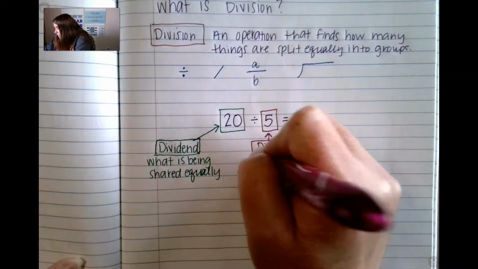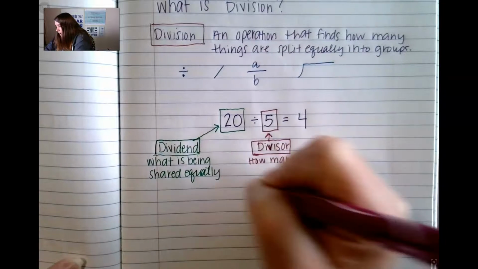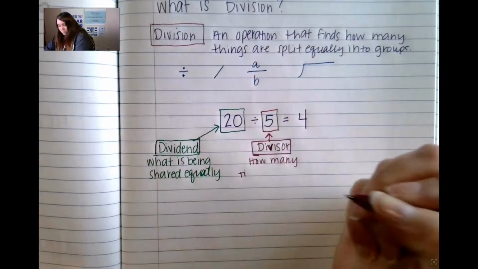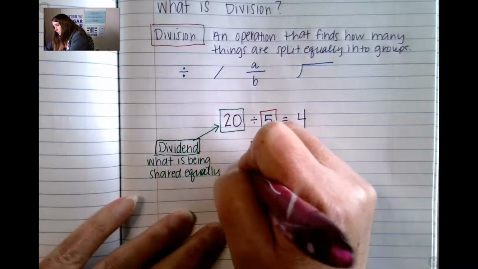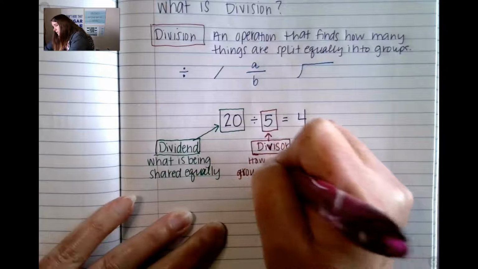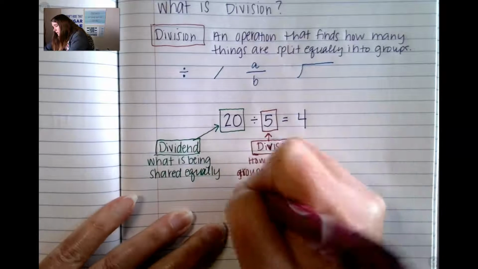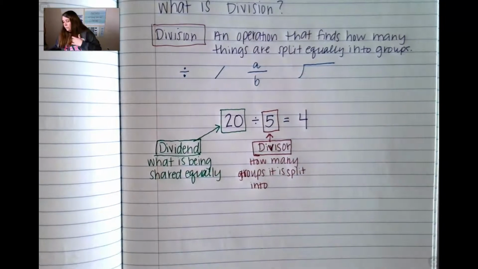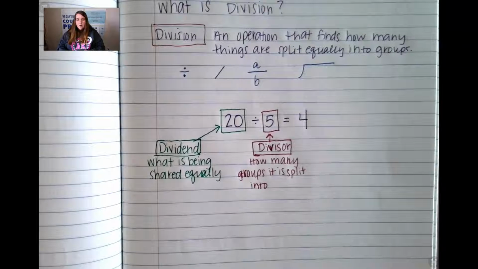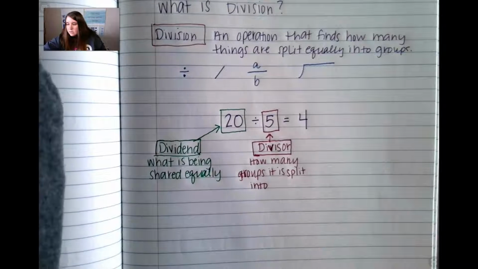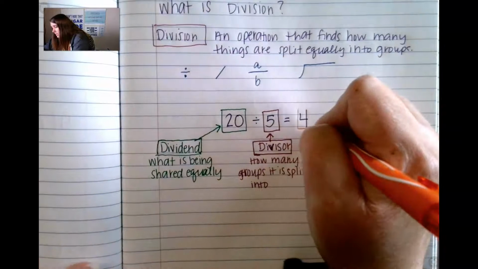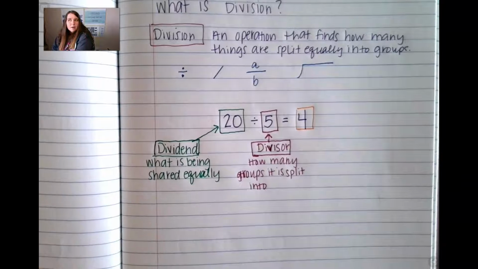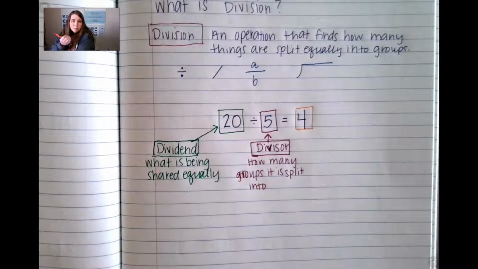So how many groups it is split into, that's the divisor. Okay, and then last but not least, let's use orange for this so that it stands out a little bit more. You have the quotient. Now, like in multiplication, you have the product, and the product is the answer to a multiplication problem.